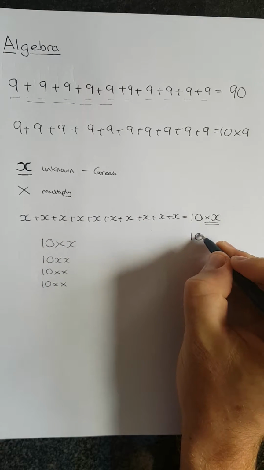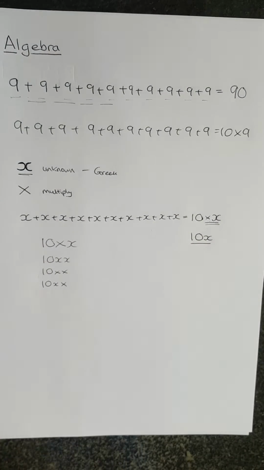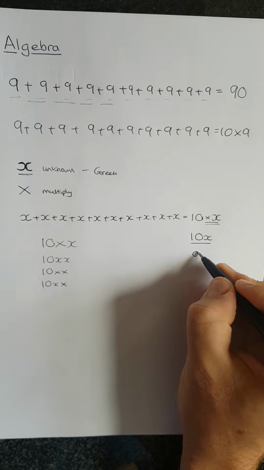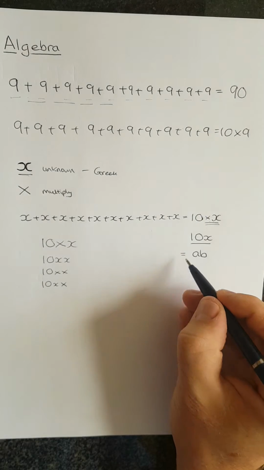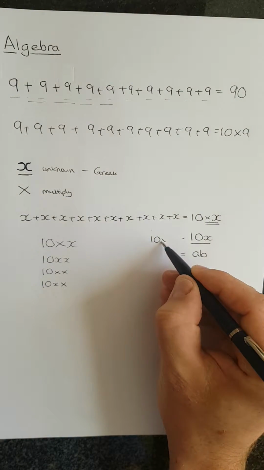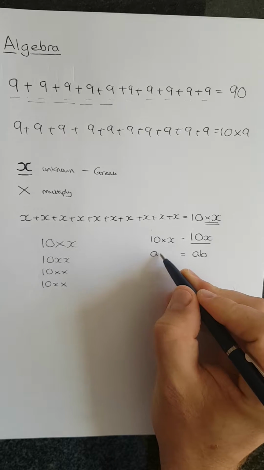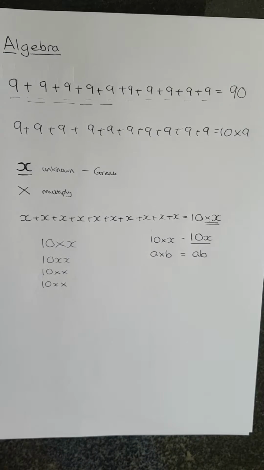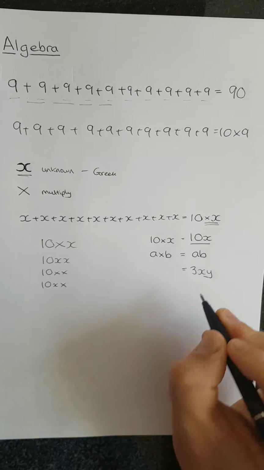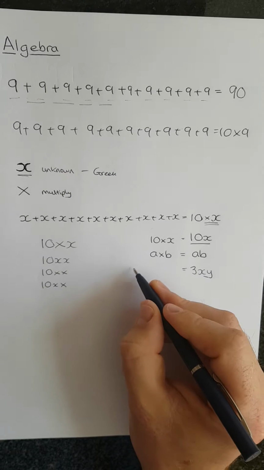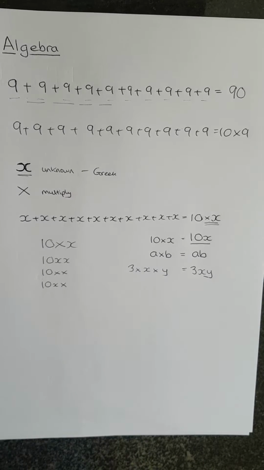We're going to write 10x. And when we write two things next to each other, like this, or A, B, to mean two different letters, we mean 10 multiplied by x, or A multiplied by B, or three multiplied by x multiplied by y.